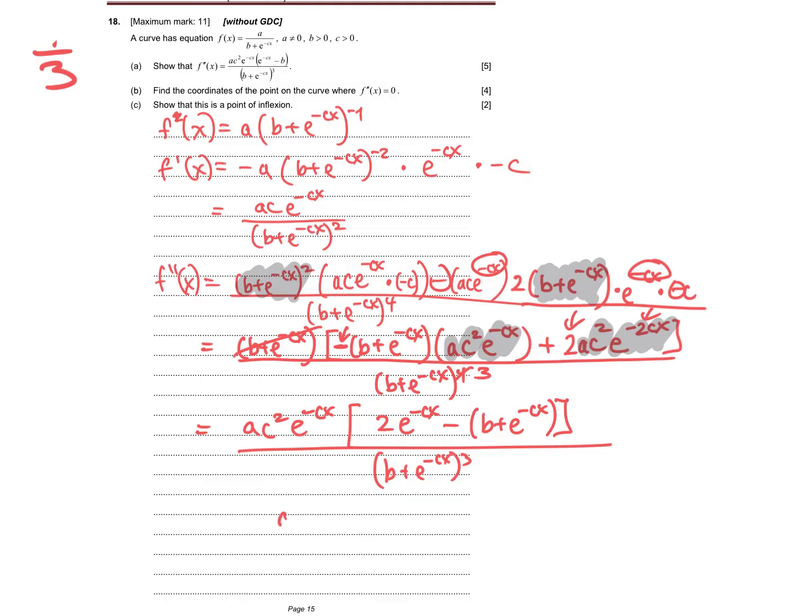Okay, so now we're almost there. So we have 2e to the negative cx minus e to the negative cx here. So that's where they get just 1e to the negative cx minus b over this.